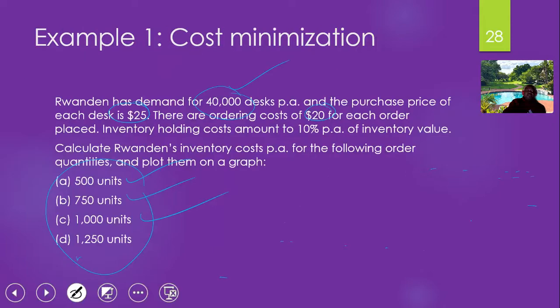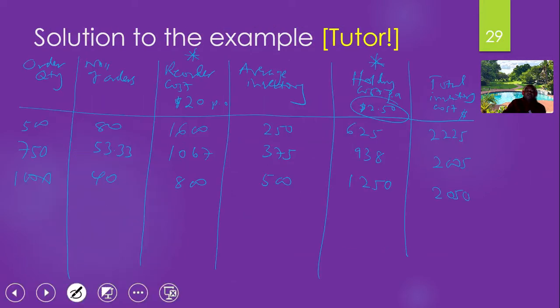Then at the order of 1,250, we can see that the number of orders becomes 40,000 divided by 1250. Let me use my calculator. That's 32.